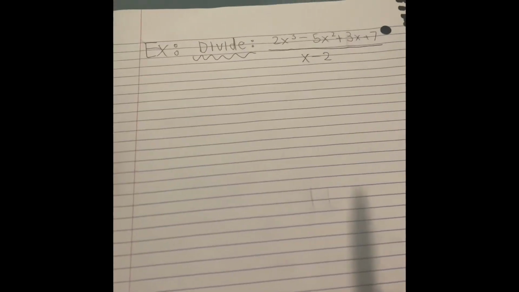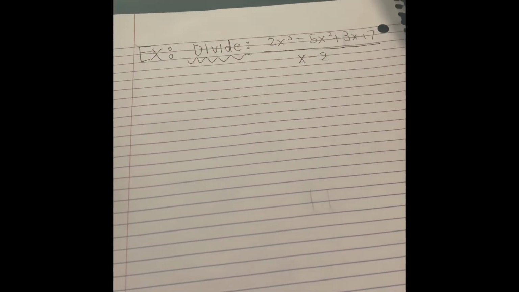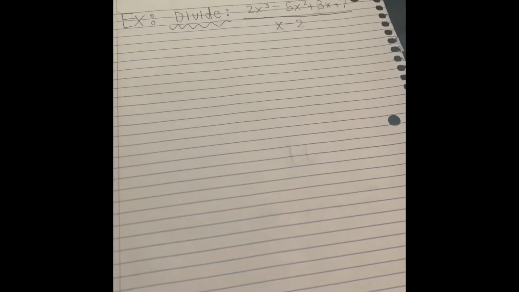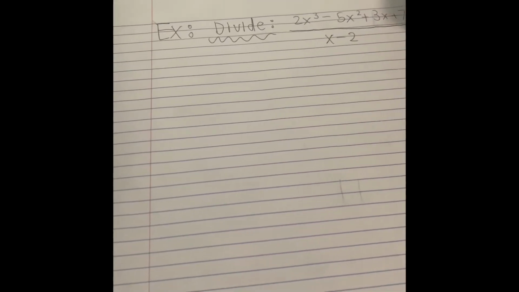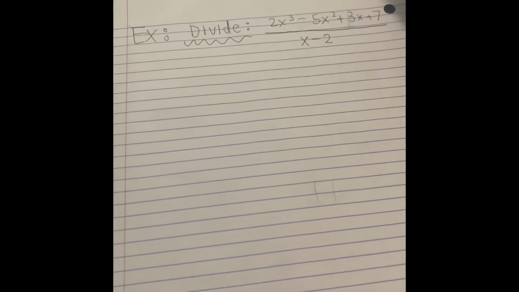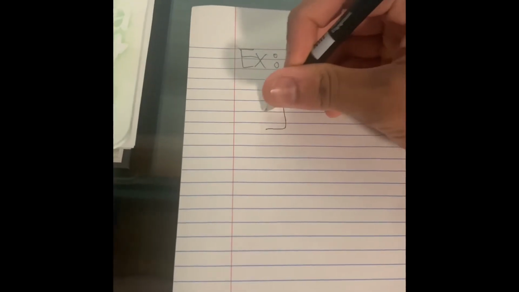We have this problem over here: 2x cubed minus 5x squared plus 3x plus 7 divided by x minus 2. In order to start, we have to set up the problem first, using step 1 and setting the denominator equal to 0 to find the number to put in the division box. So let's write it over here.